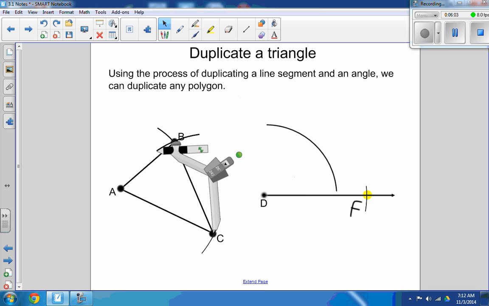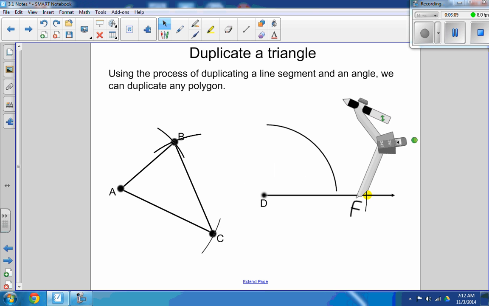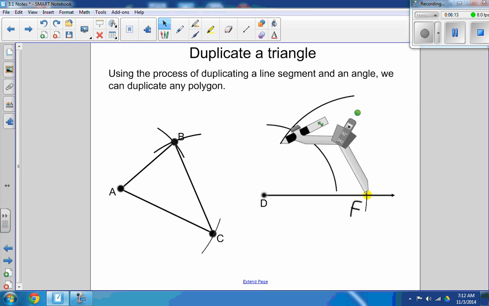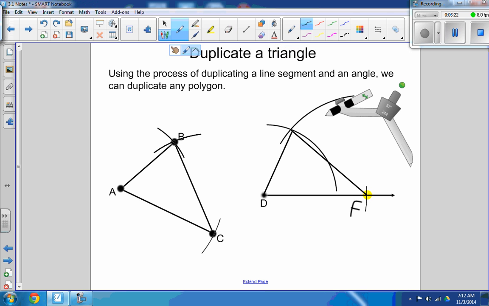Now notice, look at that. My two arcs intercept each other. I'm going to do that over on the other side, starting on F. And there we go. I now have my triangle DEF. And that triangle DEF is congruent to my triangle ABC.